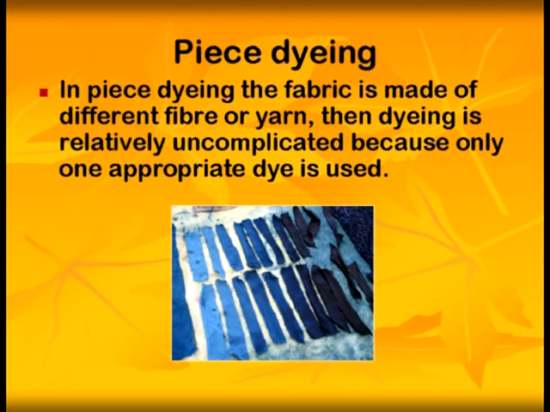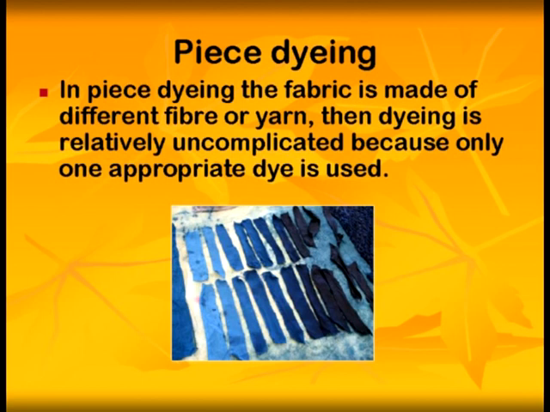Piece dyeing. The great bulk of dyed fabrics is dyed by this method. Piece dyeing is thoroughly satisfactory as regards levelness, penetration, and overall fastness, assuming that proper dyes have been used.